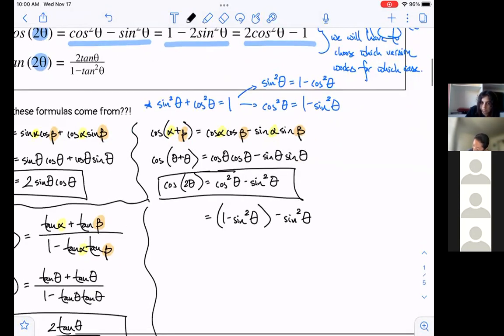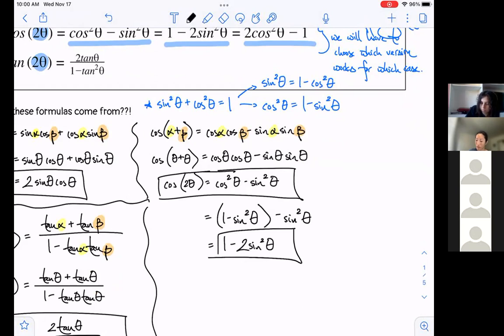And if I simplify that, I get 1 minus 2 sine squared theta.